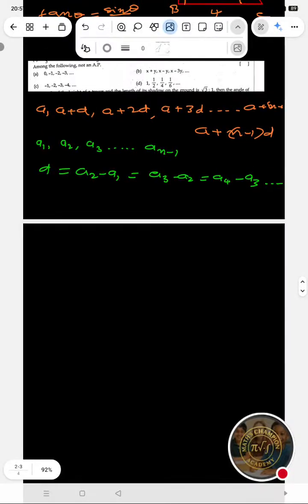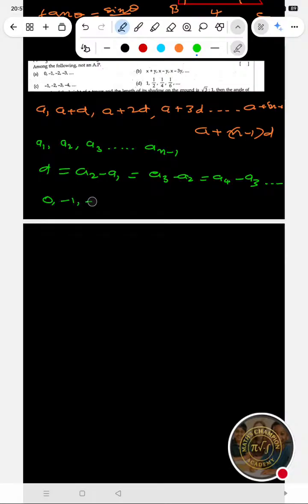The first option is 0, minus 1, minus 2, minus 3 and so on. What is the difference here? Minus 1 minus 0 is minus 1. Again, minus 2 minus 1 is minus 2 plus 1, which is minus 1.